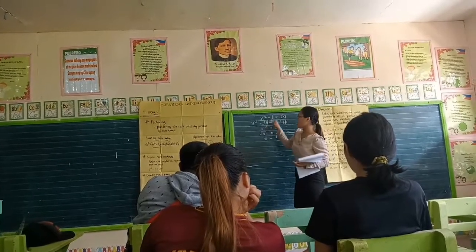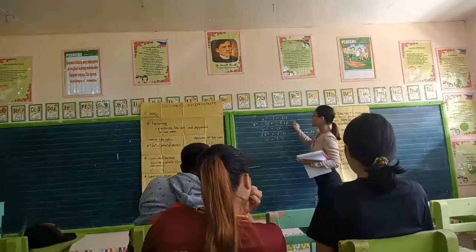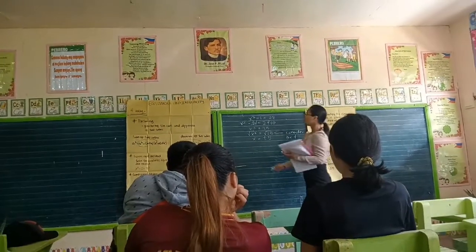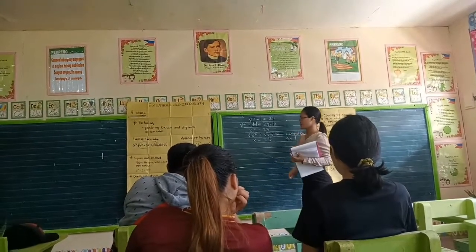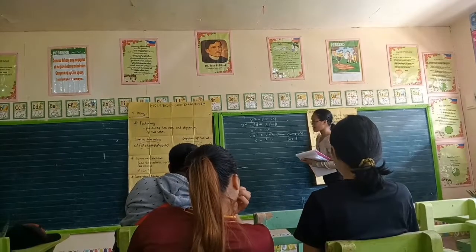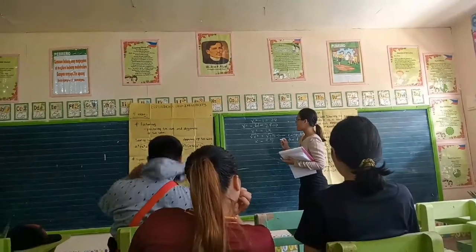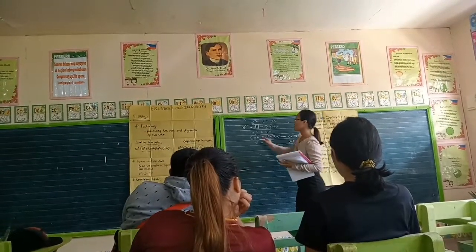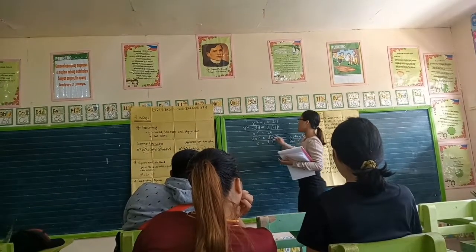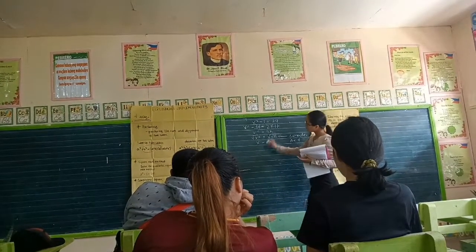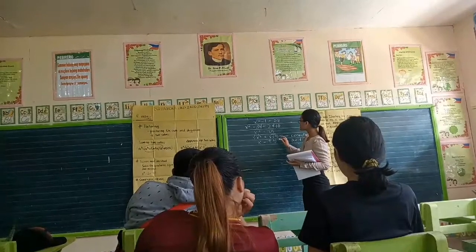So, there is no value left, it is eliminated. And 24 plus 1 equals 25. So, it becomes x squared equals 25. Since we are using the square root method, we take the square root of x squared and of 25. And then the answer is x equals positive and negative 5.